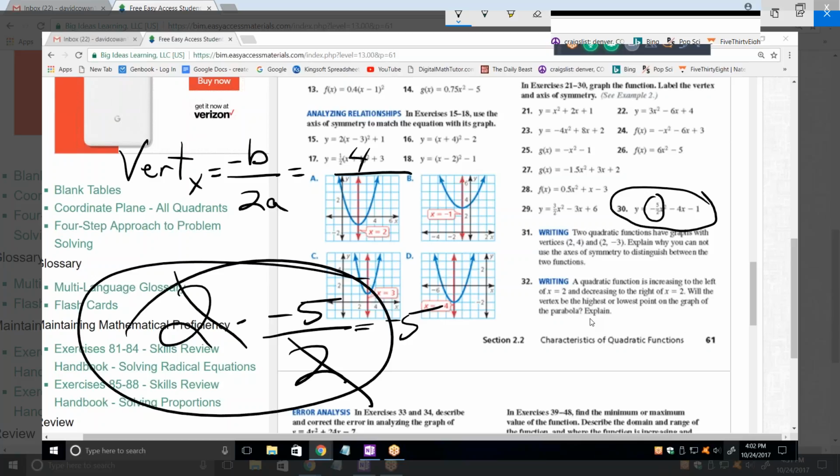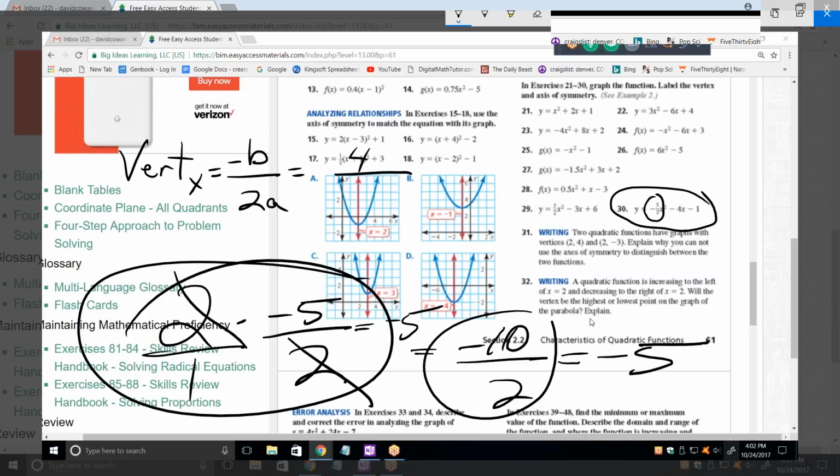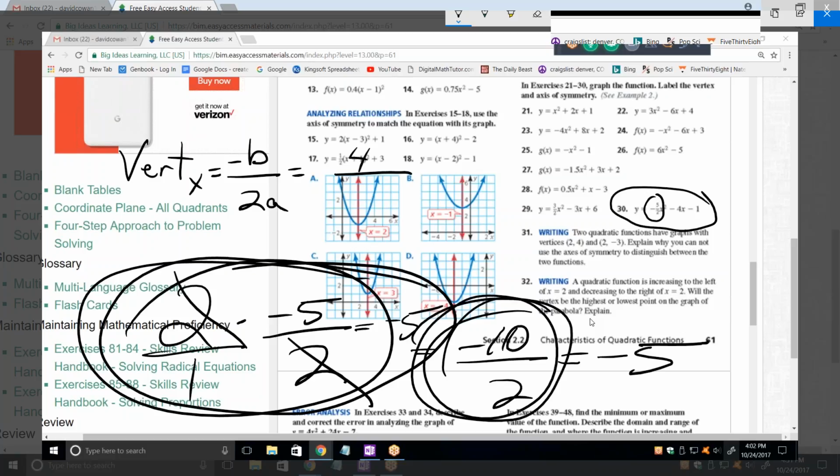I notice a lot of students insist upon multiplying numerators, multiplying denominators. They put a 1 under that, and they get minus 10 over 2, and then they've got a lot more math to do. But you don't have to do all that additional math if you simplify first. In fact, I never dealt with a number greater than 5, whereas if I do it your way, I immediately have a minus 10 to deal with.